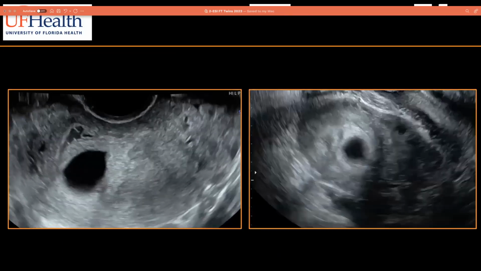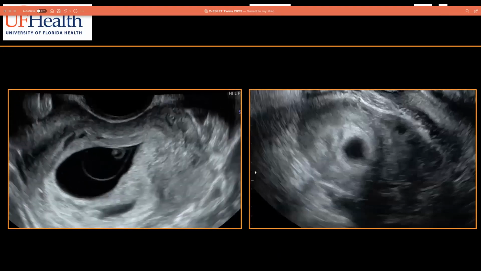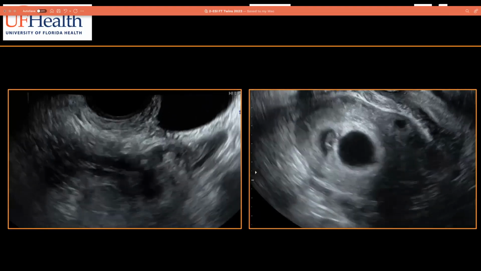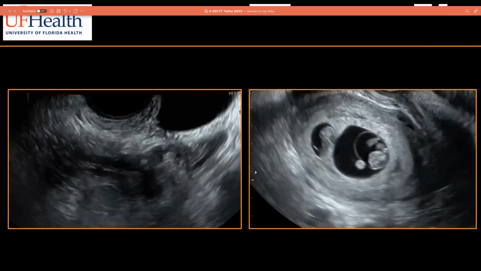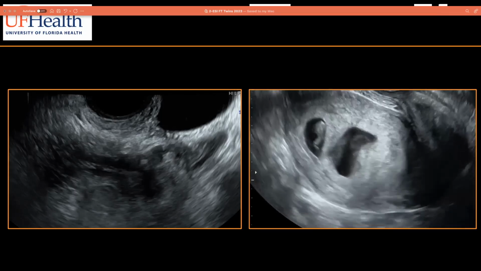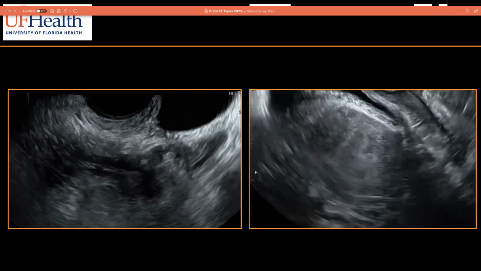And as we sweep through here as well, again, you see very thick separation, di-di, and here as well, even though there is a much smaller twin that does not seem to be the same size.